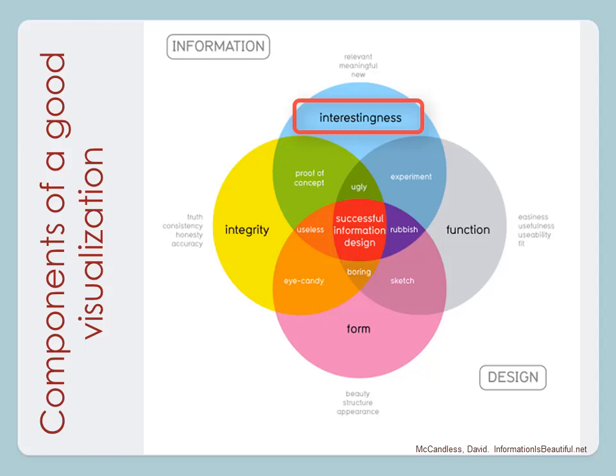It is for the person that is viewing it. But it does not have to be interesting only. It must also have an element of integrity. Integrity is what tells the visualization that the data that you are viewing is reflected in a precise, accurate, and unaltered way.